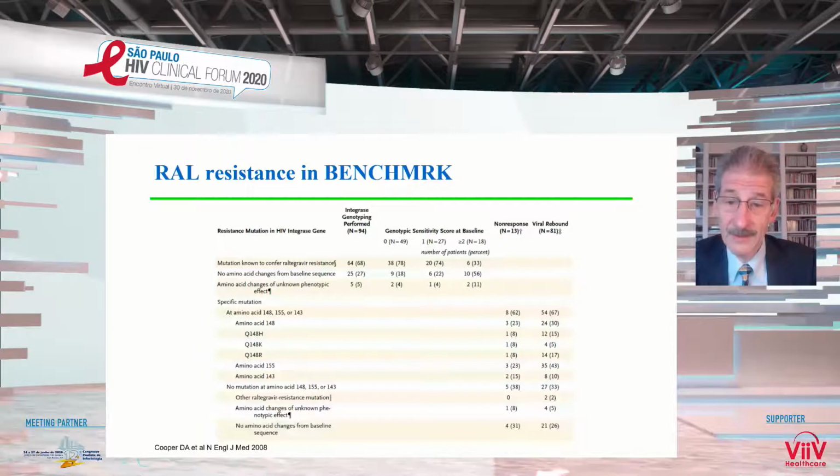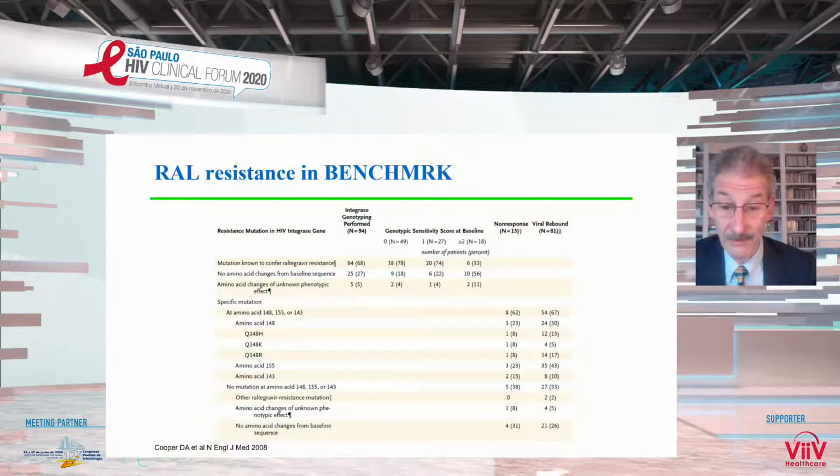The benchmark study was the first phase 3 trial of an integrase inhibitor, conducted now more than a decade ago, and it was done in patients who were failing antiretroviral therapy with what were then the standard of care regimens, essentially nucleoside analogs together with a protease or a non-nucleoside RT inhibitor.